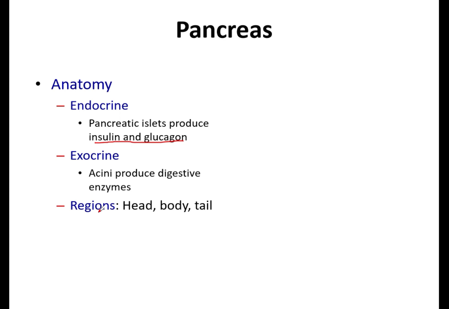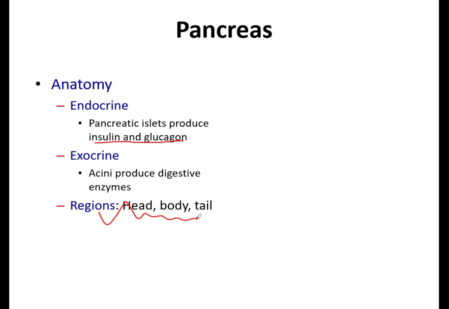The endocrine part is insulin and glucagon, and the exocrine part is the duct part. The pancreas is covered in three regions: head, body and tail. The pancreas also secretes juice, as I already said, from the duct part, the exocrine part.